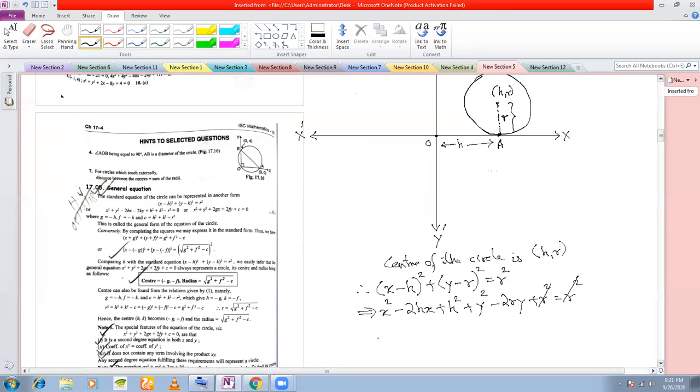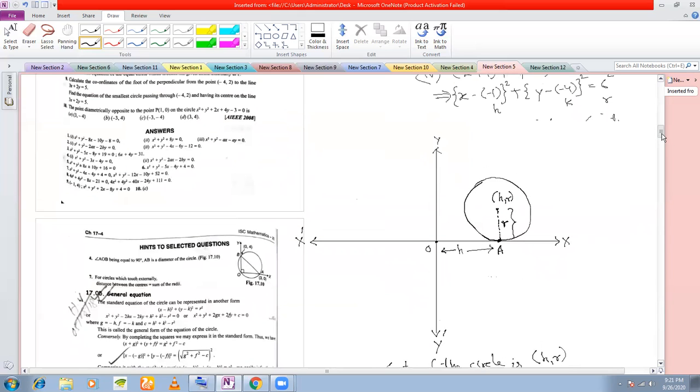So these two again cancel. You get x square plus y square minus 2hx minus 2ry plus h square is equal to 0. Similarly, the next case would be when the circle touches the y-axis. Suppose the circle looks something like this, then what will happen?